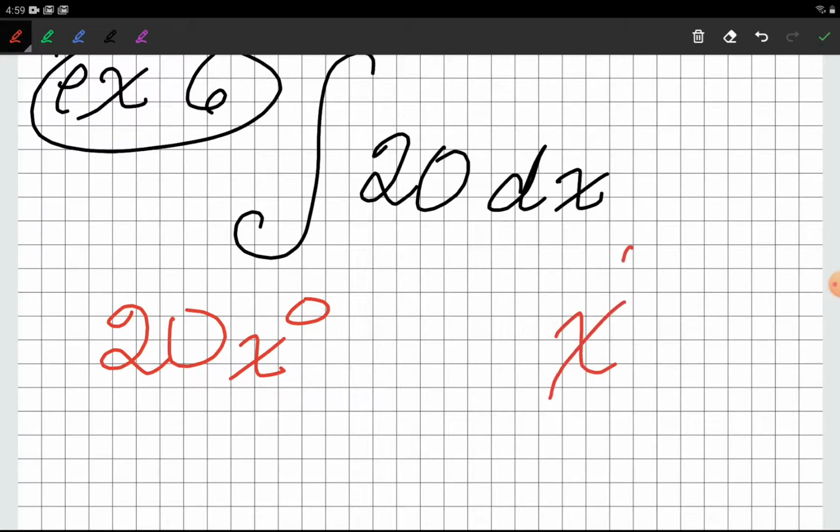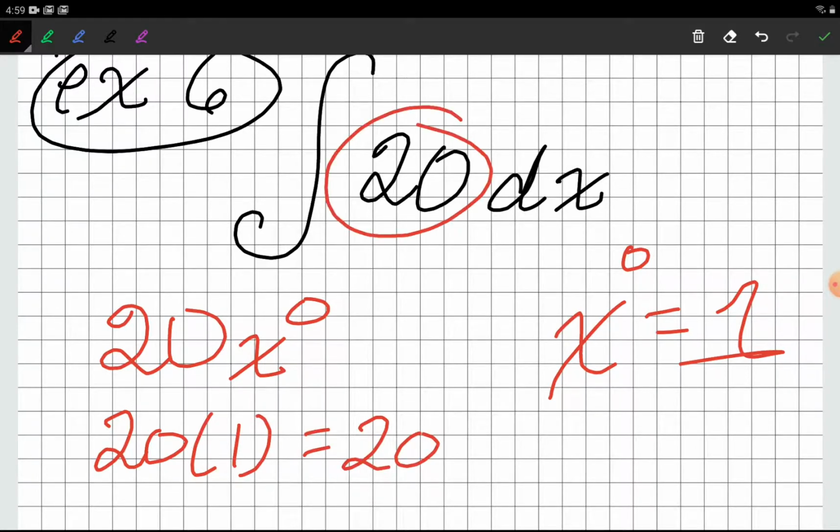Because if you remember, anything to the 0 power equals 1, even x. So x to the 0 power is equal to 1, right? So we really haven't changed the problem. We're just thinking outside the box.